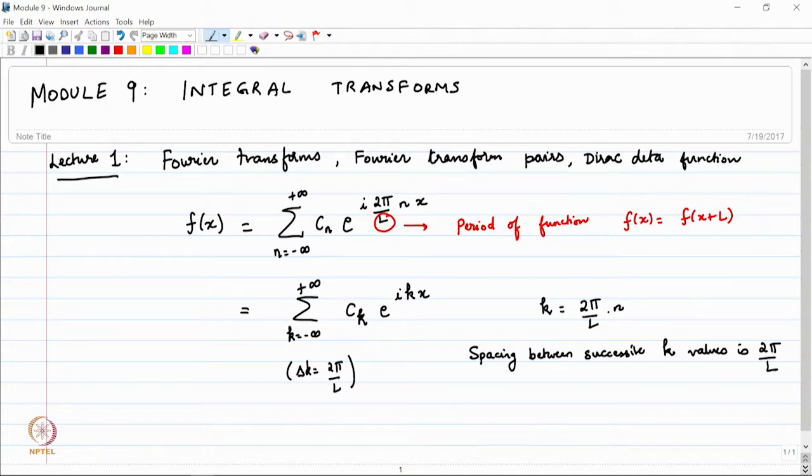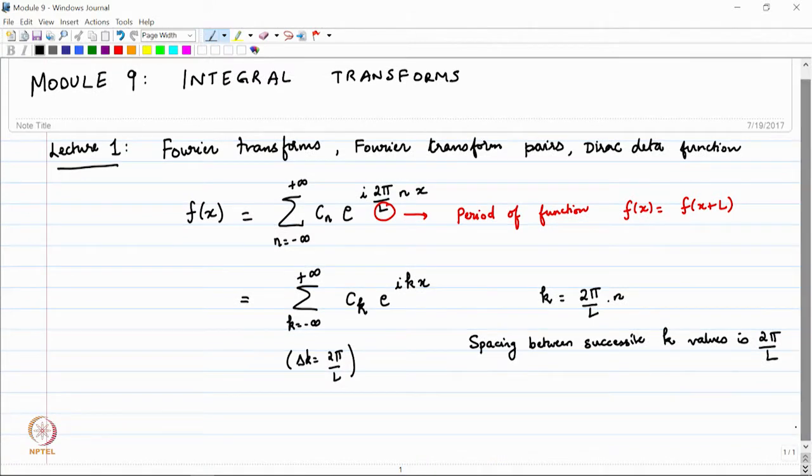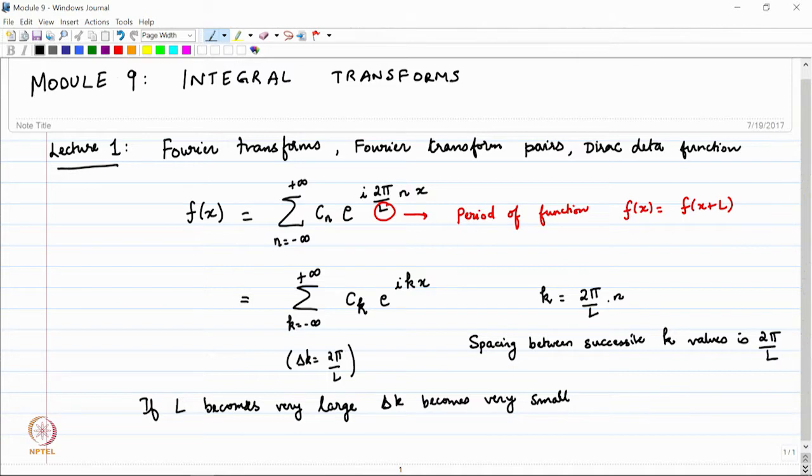Now, this already motivates us to think about what happens if L becomes very large. If L becomes very large, delta k becomes very small. And if delta k is very small, that means you have k values that are very close to each other.